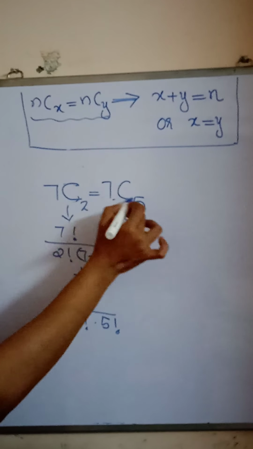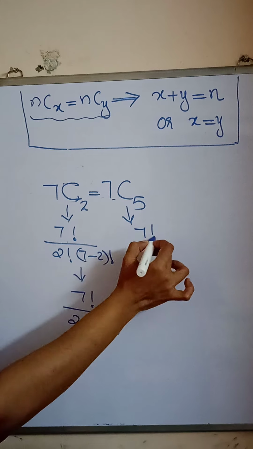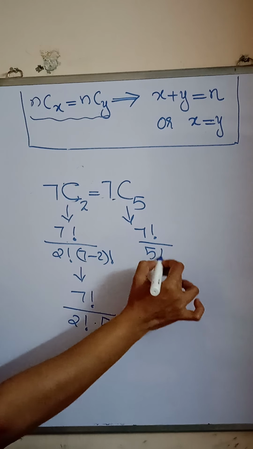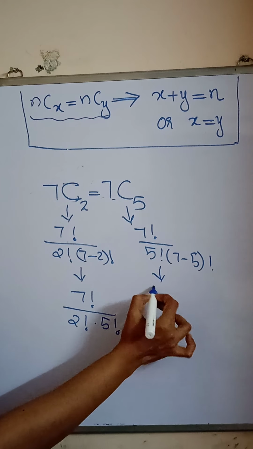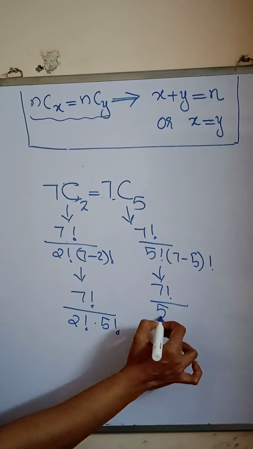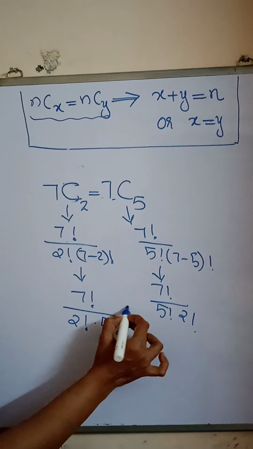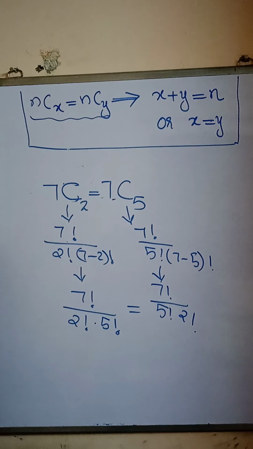And 7C5 is 7 factorial divided by 5 factorial into (7 minus 5) factorial, that is 7 factorial divided by 5 factorial into 2 factorial. Both are the same. So 7C2 equals 7C5.